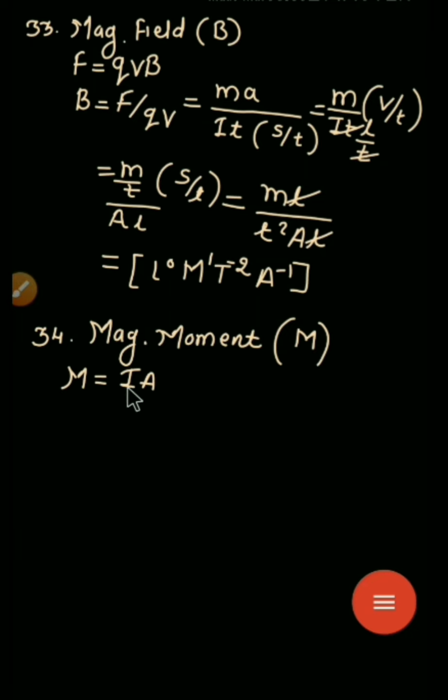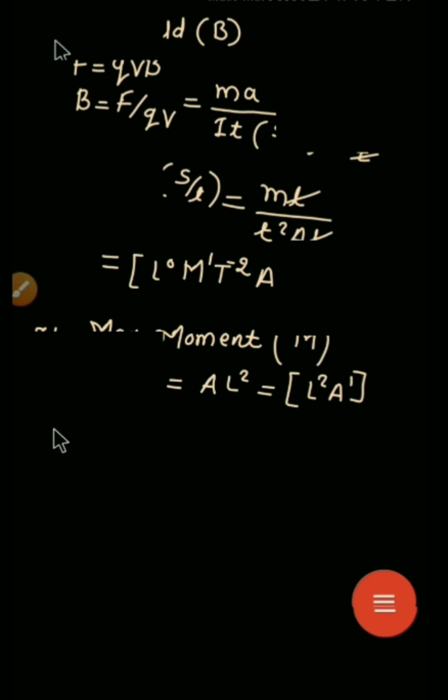Here I is the current, A is the area of cross section. So here I, we know the fundamental quantity for current is A and area is L square. So here we can write L square A. This is the dimension of the magnetic moment.